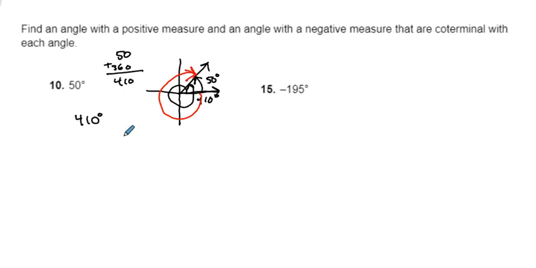To figure that out, you would just go 360 minus what the angle is already, so what's left, and you get 310 degrees. Then make it negative to show that it's going in the other direction. So this would be negative 310 degrees. And we have two coterminal angles that satisfy what they're asking for here.